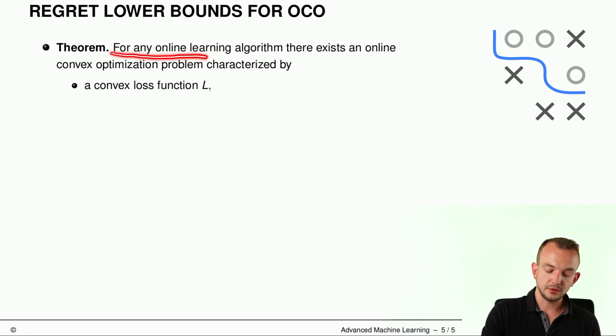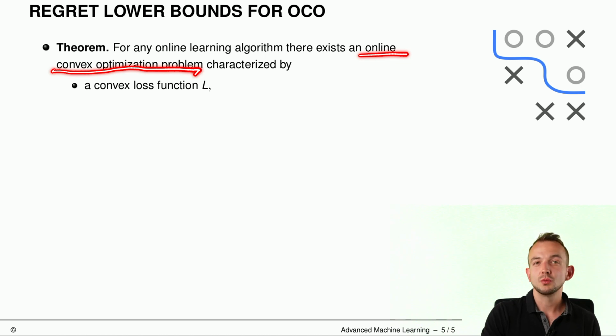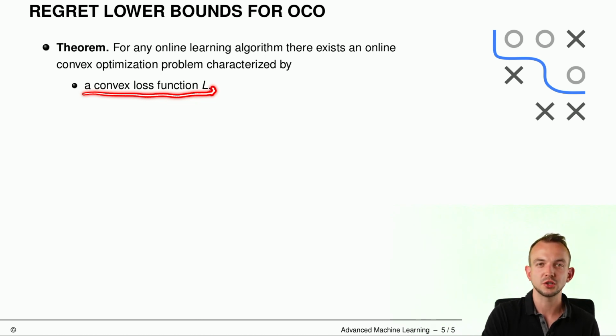And no matter how you make use of the information, you can construct an online convex optimization problem, which is characterized, of course, by a convex loss function. So in the first component, it's convex with respect to its action component.